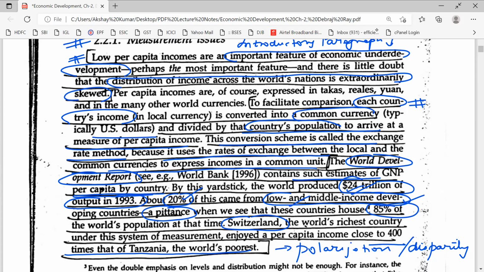So by looking at that, we can see how polarized the world is when it comes to development. Economies which contribute too much to the world's output have too little population who want to eat the cake. On the other hand, economies which contribute too little to the world's output have too many people who want to eat the cake. So this captures the amount of polarization.